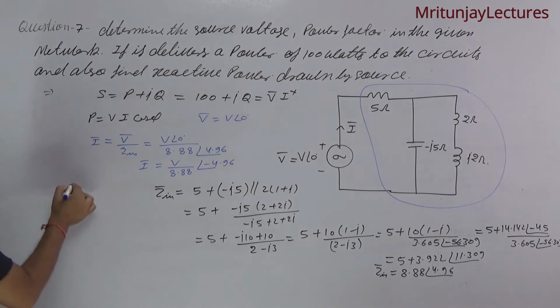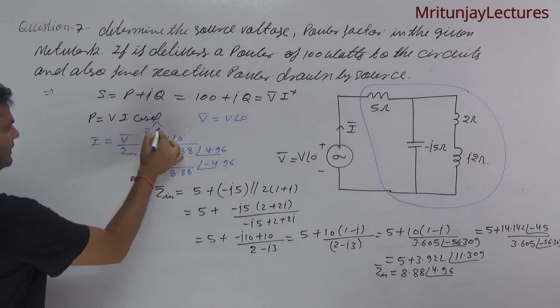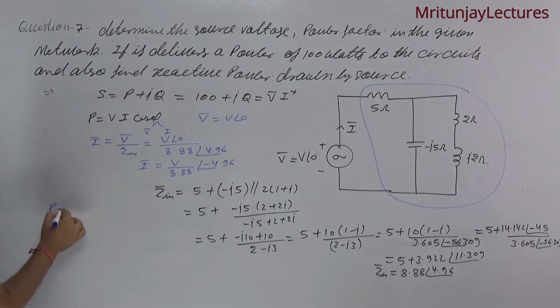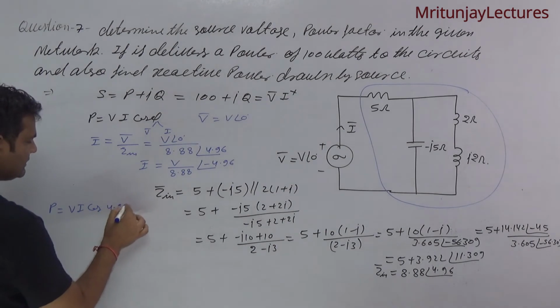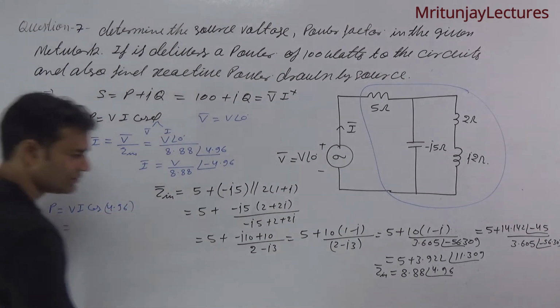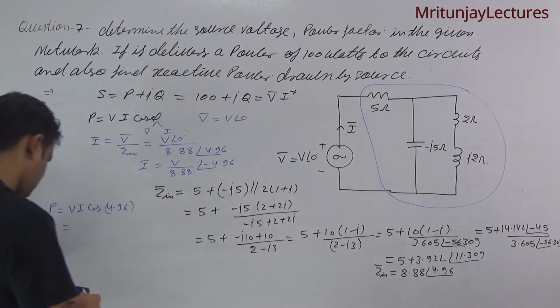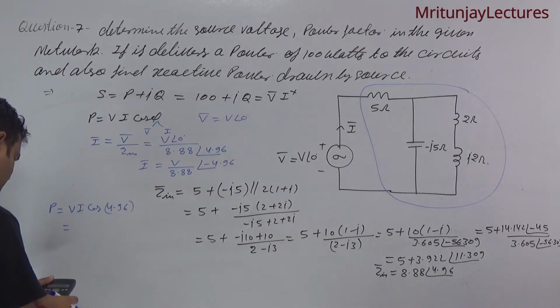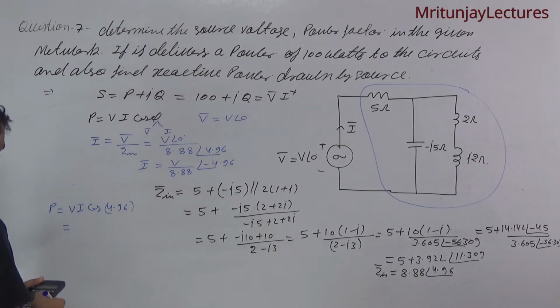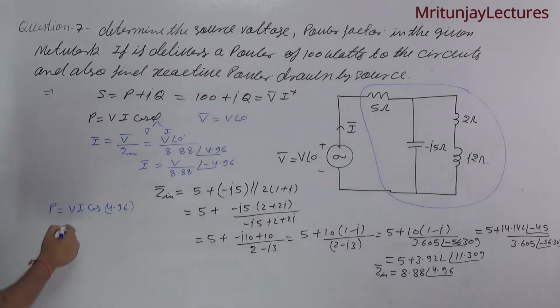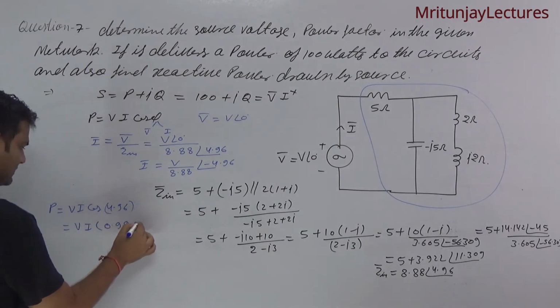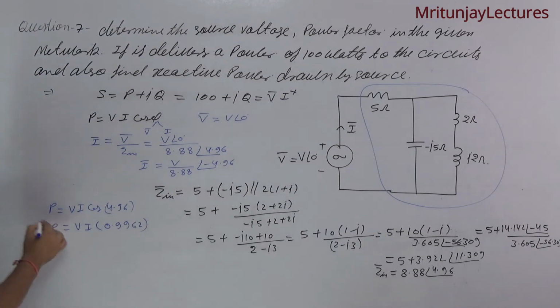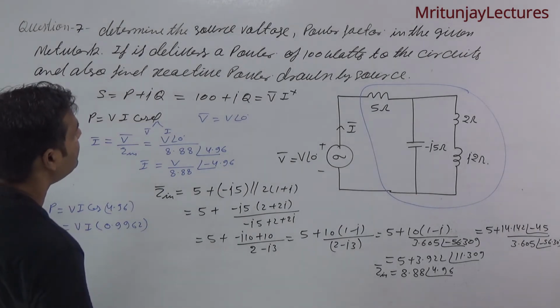So what about phi? Phi is the angle between V and I. So in VI cos phi, phi means 4.96. Cos 4.96 is 0.9962, and this is P, and P is 100 watt.